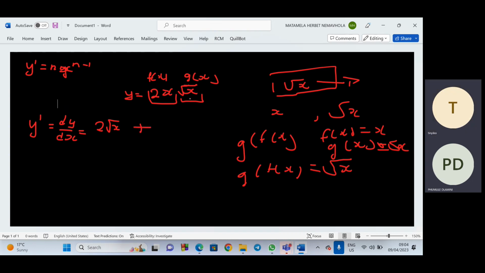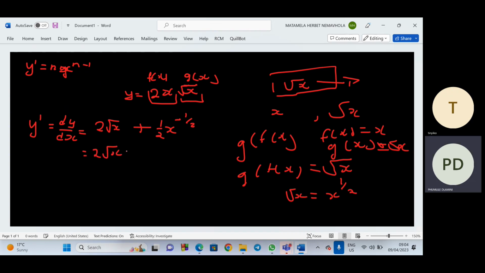Then when I differentiate square root of x, which is the same as x to the power 1 over 2, this 1 over 2 is going to come down. It's going to say 1 over 2 x to the power 1 over 2 minus 1. 1 over 2 minus 1 is going to give us negative 1 over 2, which we can simplify as 2 square root of x plus 1 over square root of x, 2 square root of x.